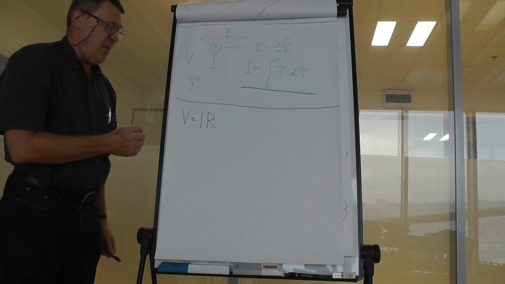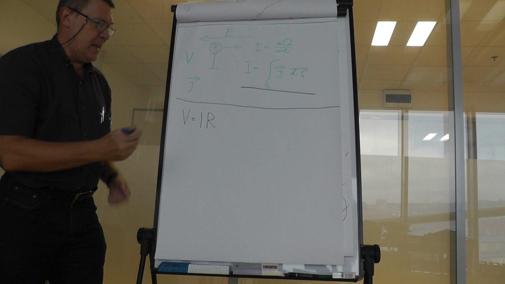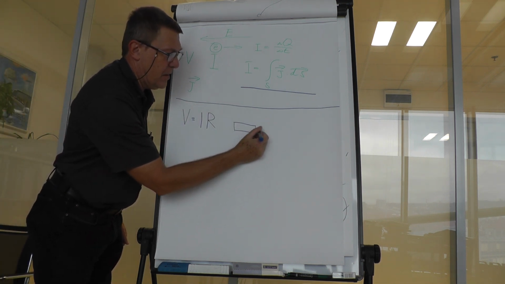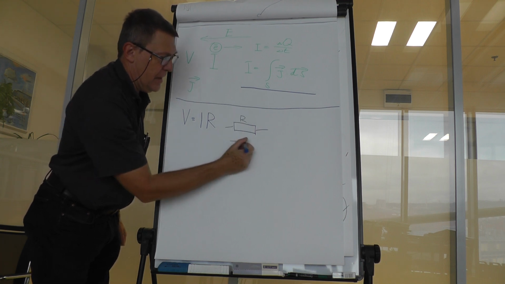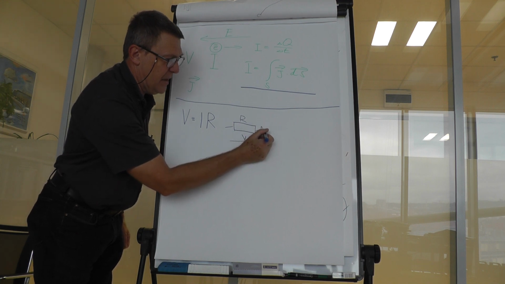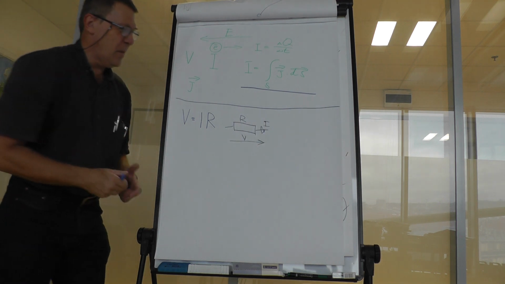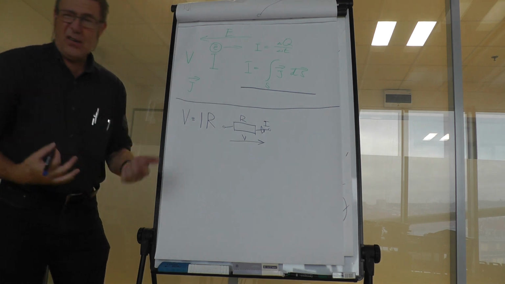So we have a resistance which opposes current, or is a voltage V over the resistor, and a current I flowing through the resistor. So this is something we have here, and this is the classic integral definition.